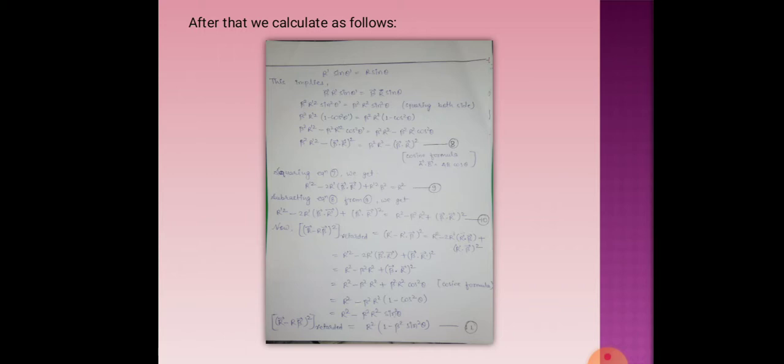Similarly, we can substitute equation 8, and from 9 we get R prime square minus R square beta square plus (beta dot R) whole square is equal to R square minus beta square R square plus (beta dot R) whole square. So we can put all these values and obtain that (R minus R beta) whole square retarded is equal to R square (1 minus beta square sin square theta).